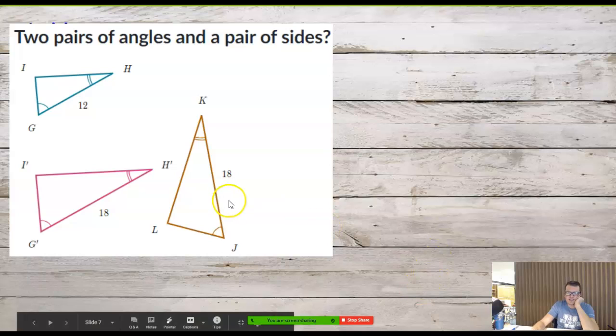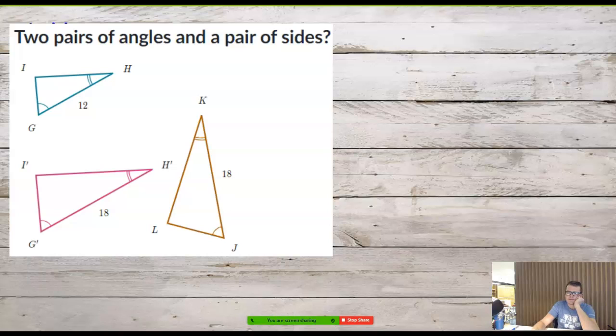Could that 18 be anywhere? What if the 18's between G and H over here, G and H prime, but then it was between L and J over here?